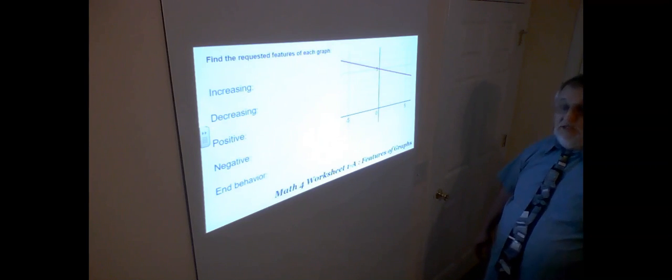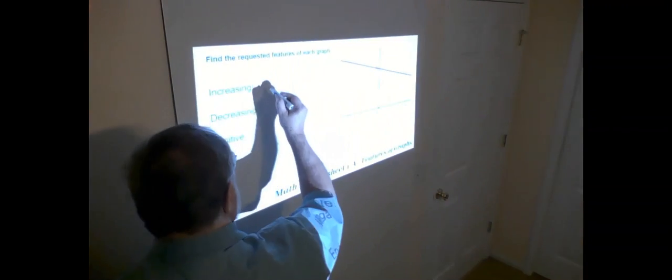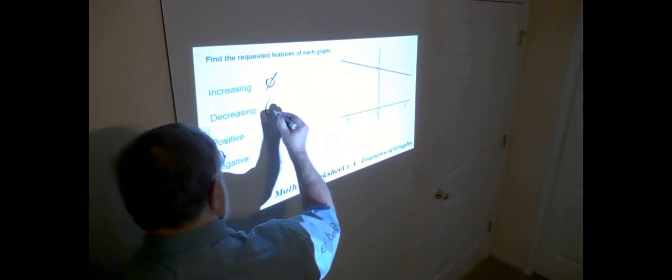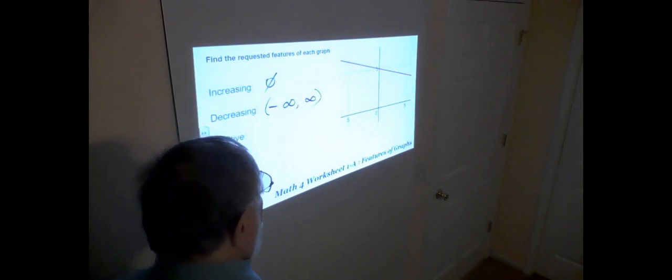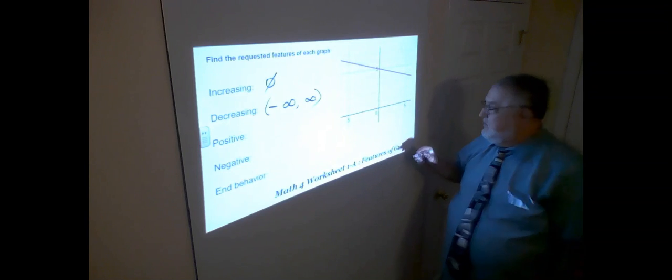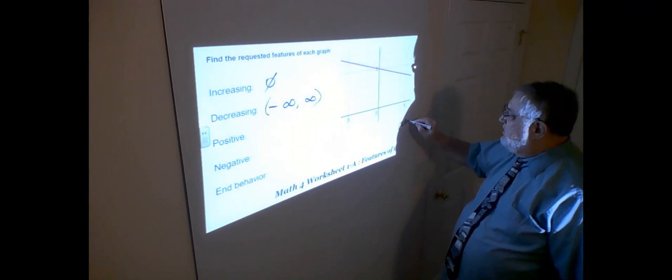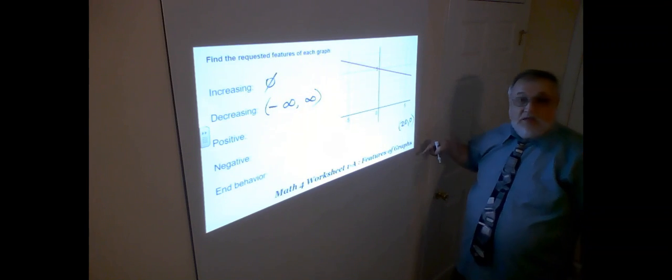Increasing. There is no increasing. Every bit of it is decreasing from negative infinity to positive infinity. Now, we said that the X-intercept was at 20, 0, didn't we? That's where it crosses the line and becomes negative, right?